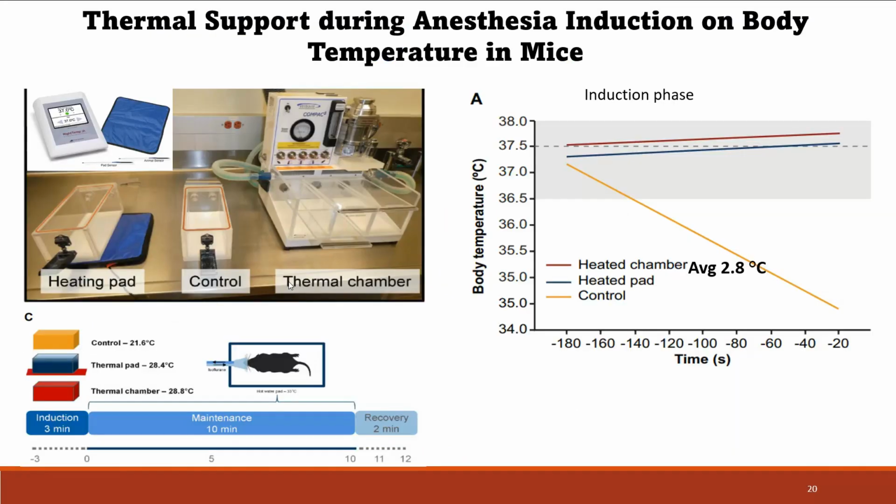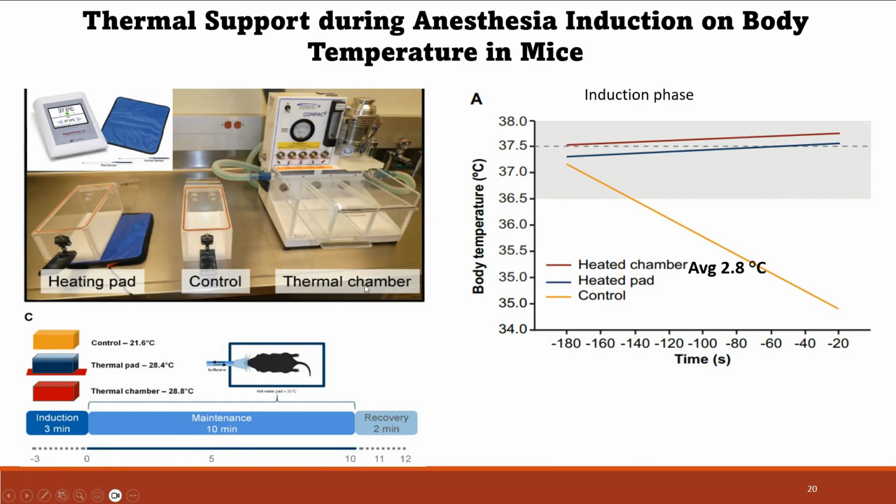So, this study was recently published in 2024, wherein they did three major treatments. For example, the first treatment group in mice was the control group, where there was no warming support provided to the mice during the induction period. Then there were two other groups wherein different warming support was provided during induction.